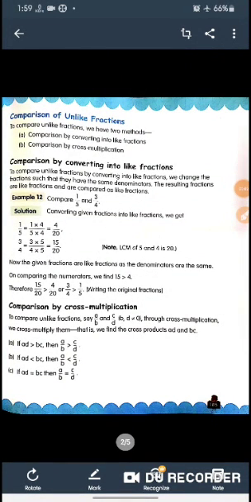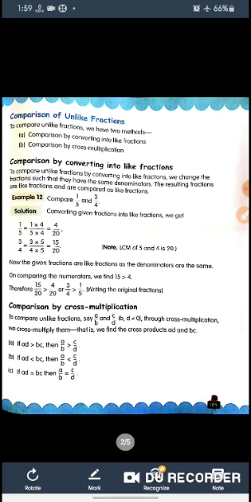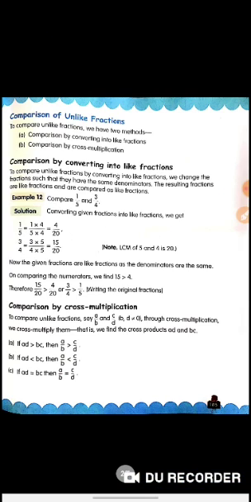Yes, come on, let's learn the comparison of unlike fractions. To compare unlike fractions, we have two methods. First one is comparison by converting into like fractions, and the second one is comparison by cross multiplication.